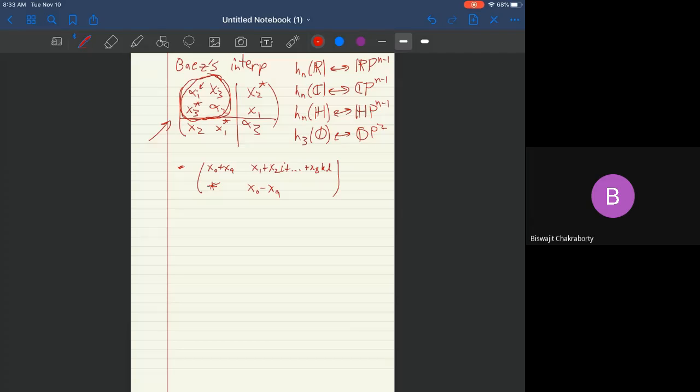So if you take the determinant of this thing, you'll see it's x0 squared minus x1 squared minus x2 squared minus dot dot dot minus x9 squared. So in other words, this is a 10-dimensional vector space equipped with this natural quadratic form. Well, that's nothing but Minkowski space.